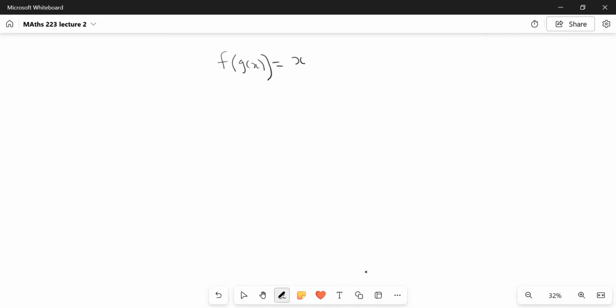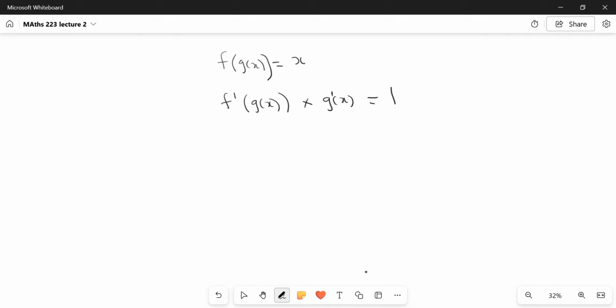And we learned from Calculus 1 again that this derivative is equal to the derivative of the outer function, in the composite form of the inner, times the derivative of the inner function. And of course, the derivative of x gives us 1.